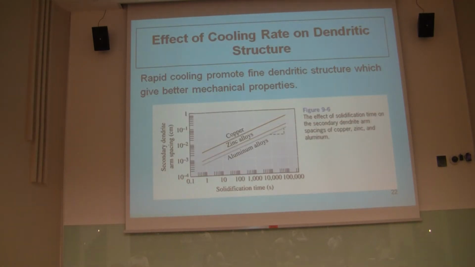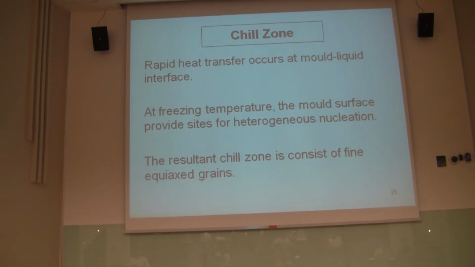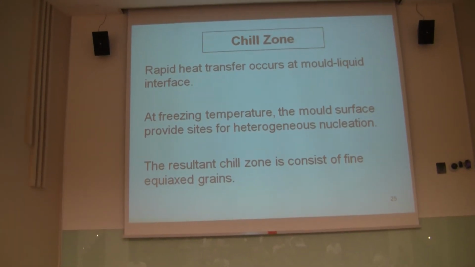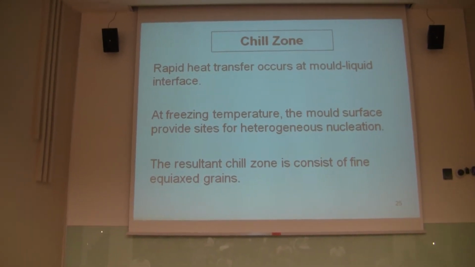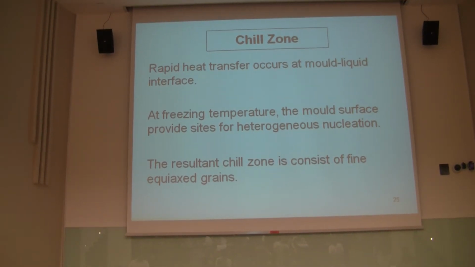Then macrostructure. Can you sketch this? Then we have the three zones: chill zone, columnar zone, and the equiaxed zone. Sketch them and know how you get all these three zones.